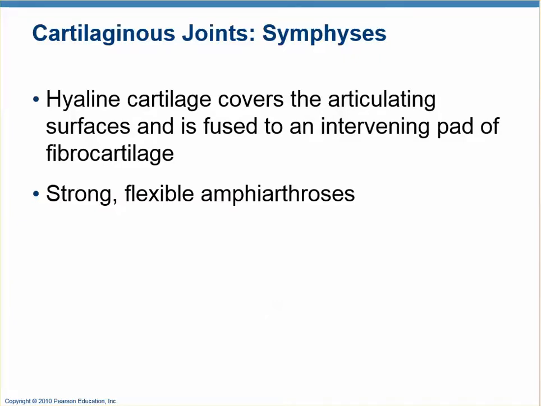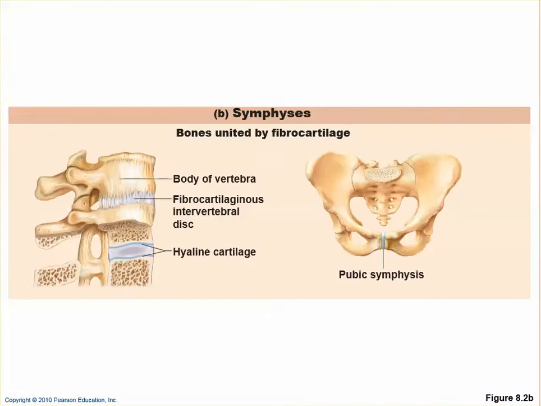Now, the two most common places that they happen are the intervertebral discs between the two vertebrae and the pubic symphysis. You can imagine that the pubic symphysis has to be able to take shearing forces. It has to take compressive forces, like if you jump down and land on both feet, that pushes together.